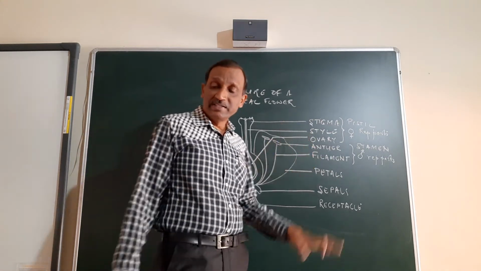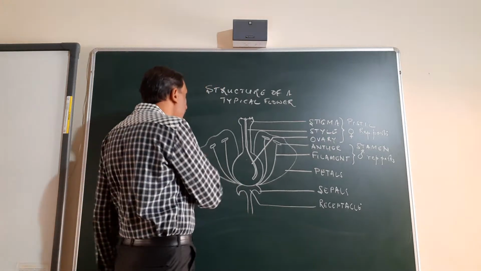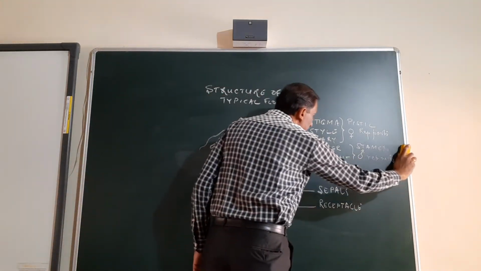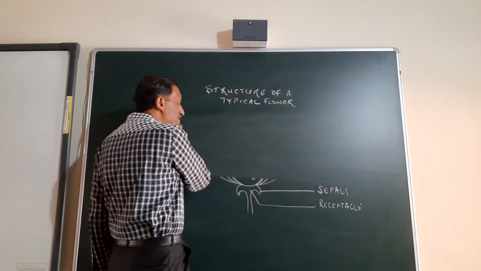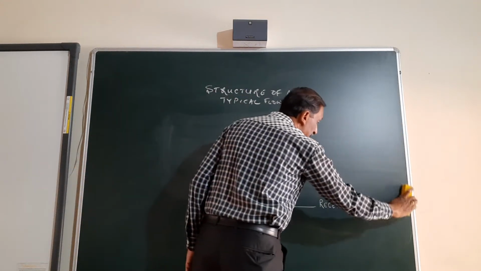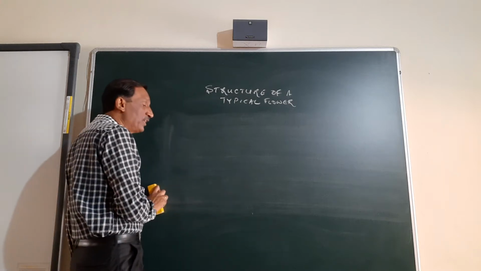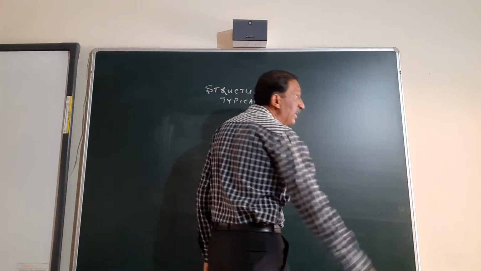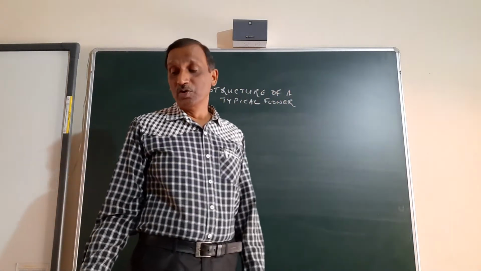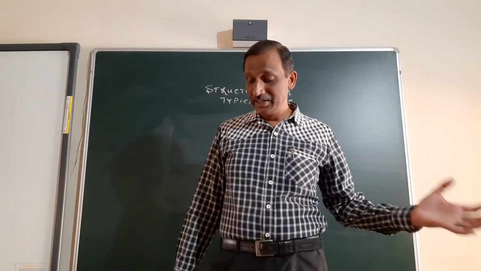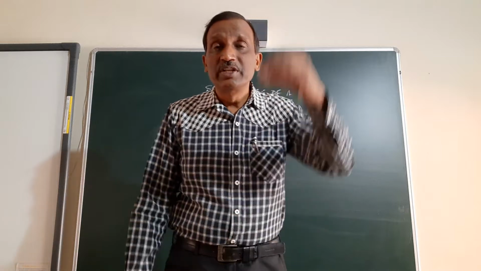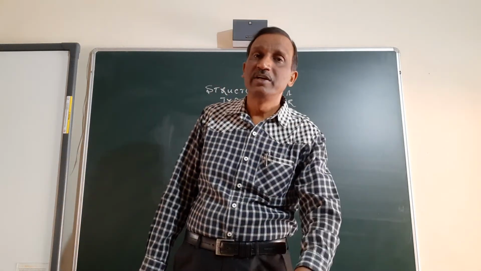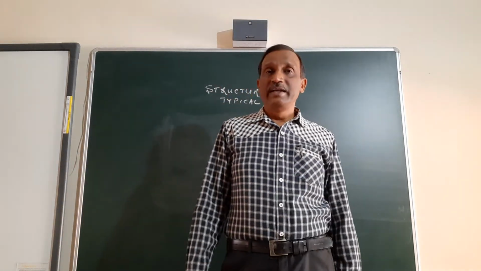And the stigma is actually the landing platform जहाँ पे केवल pollen grain आकर के गिरता है, and then style is the long tube which is connecting the landing platform stigma to the ovary, क्योंकि pollen grain वहाँ गिरा है, and ovary जो है the ovum, that is the egg cells are found inside. तो उनको दोनों को connect करना पड़ेगा, so that pollen grain from there reaches up to the egg.